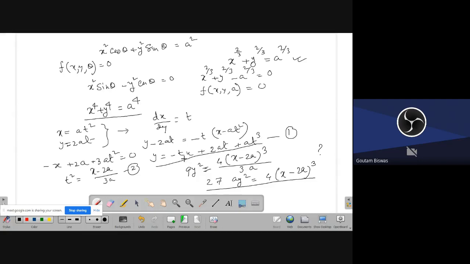Then we differentiated this equation and got this one. Then we eliminated t from equations 1 and 2, and we get this equation. So is that the envelope of this family of curves? How to prove that this is the envelope of the family of curves?